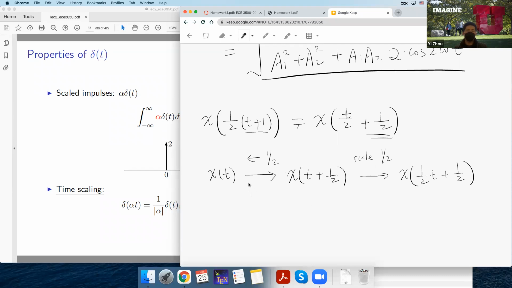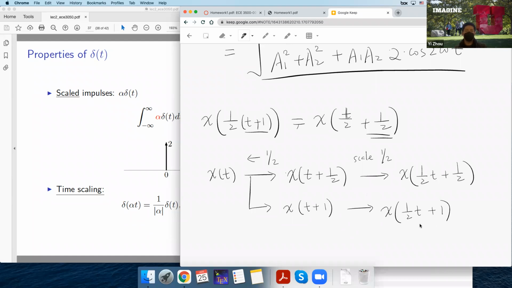Now, if you do shifting by 1 first, maybe this is your motivation, right? If you do that first and then do the scaling, what you get is, after you scale the t variable, that one still remains.